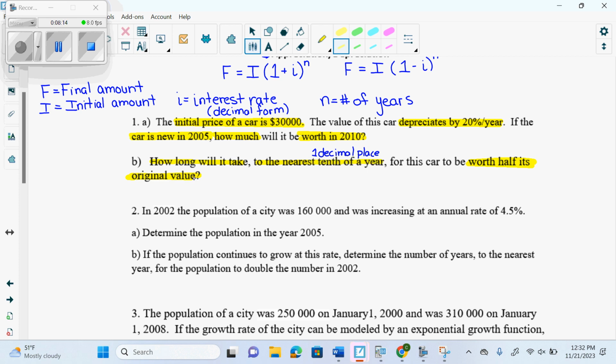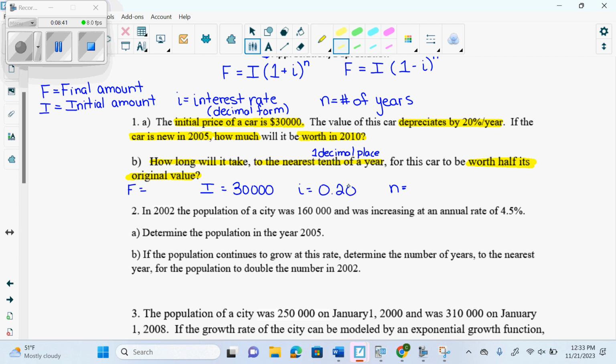So let's go through. We have F, we have I, we have little i, we have N. Did the initial price change? No. Still worth 30,000. Did the depreciation value change? Little i is still 0.20.